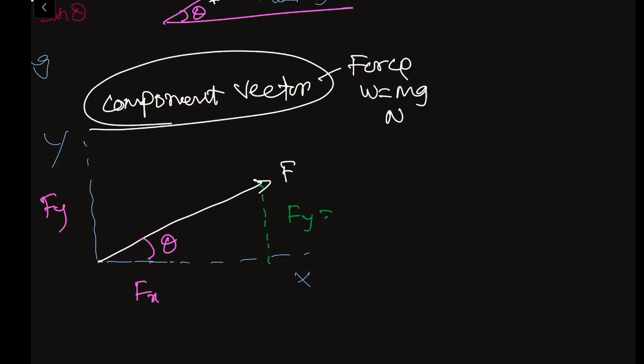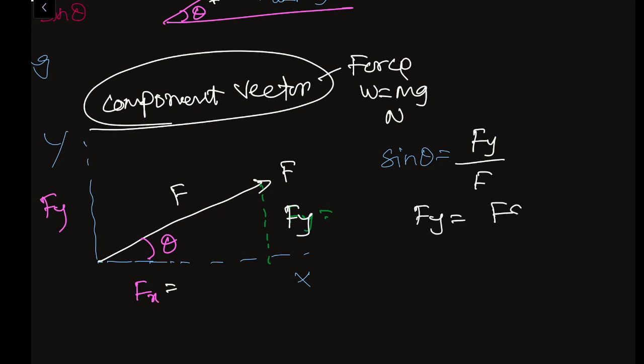So we know sin theta and cos theta. Sin theta is equal to opposite side by hypotenuse. Here Fy, here Fx. Sin theta is equal to opposite side Fy by F. Here in this case Fy is equal to F sin theta.